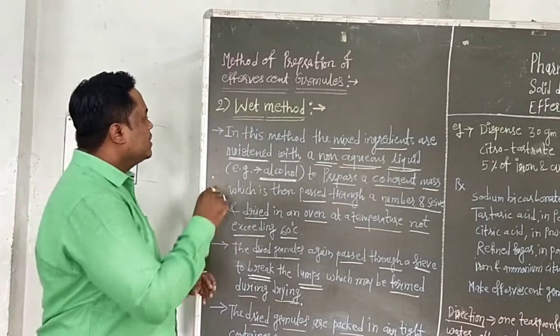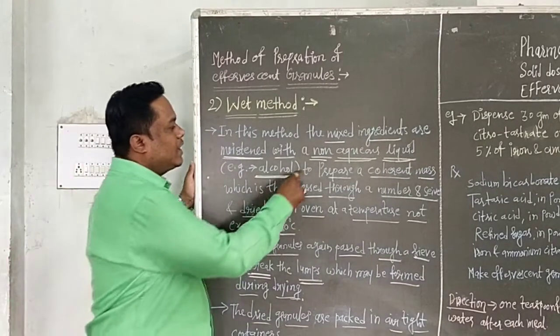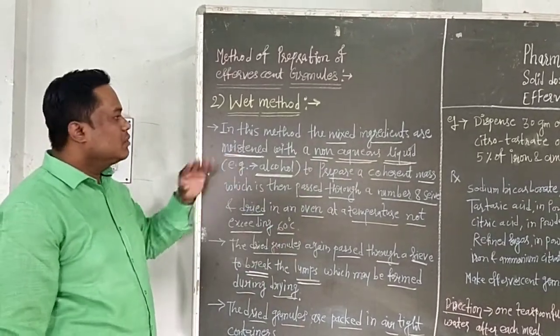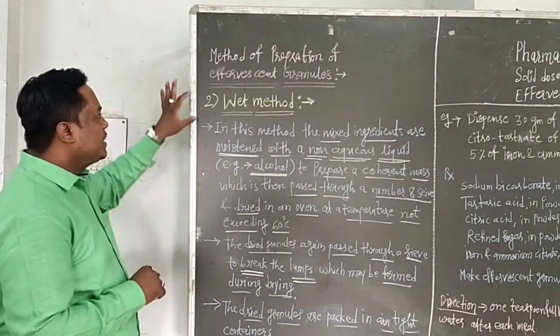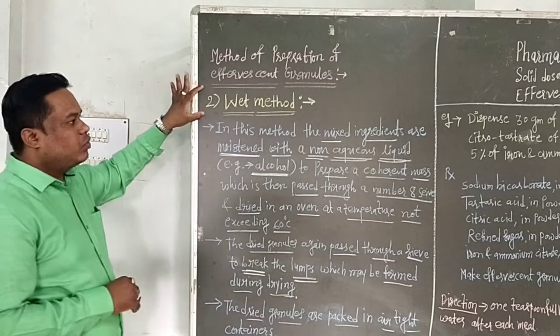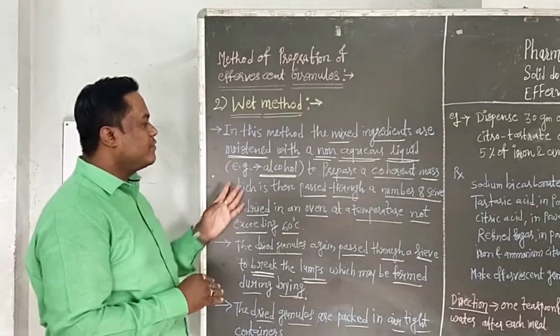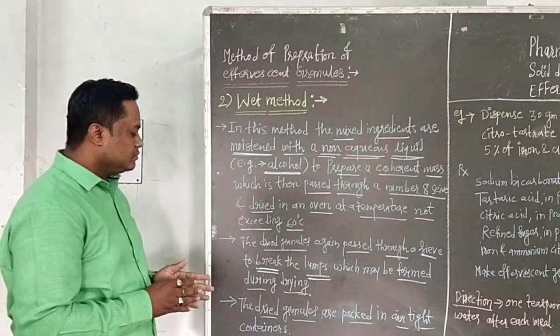In the heat method, no aqueous or non-aqueous solvent is added to moisten the ingredients. But in the wet method, for mixing of the ingredients, we have to moisten with a non-aqueous liquid, that is, alcohol. This is the main difference.